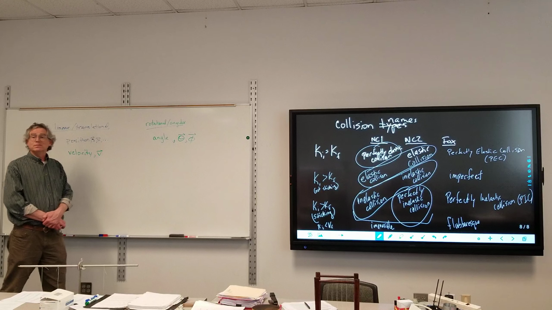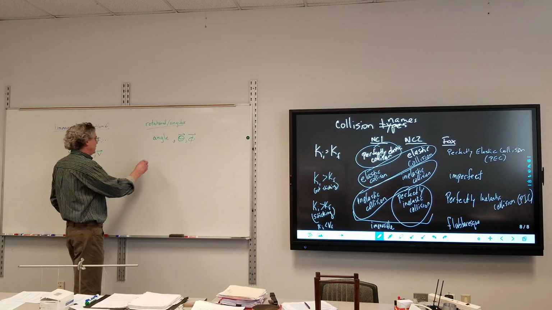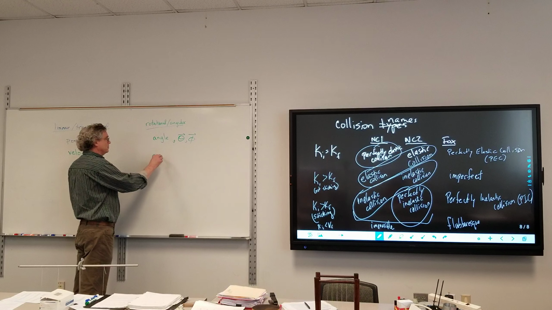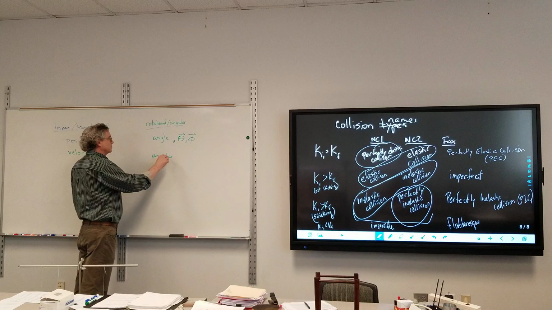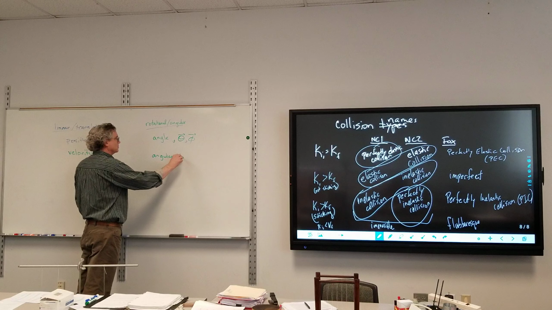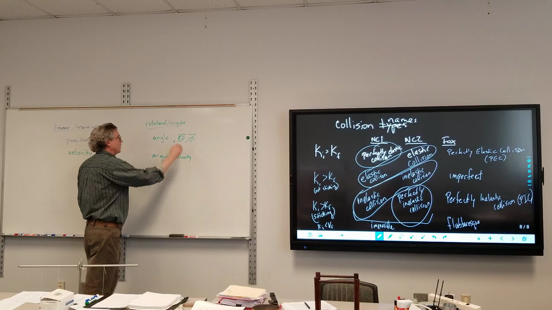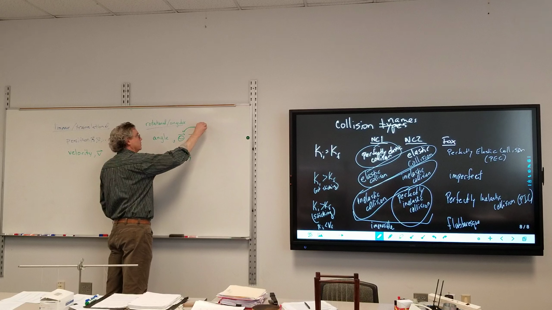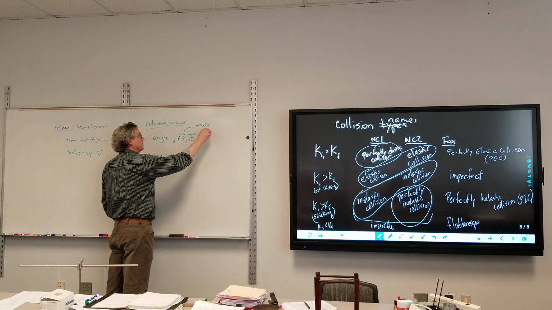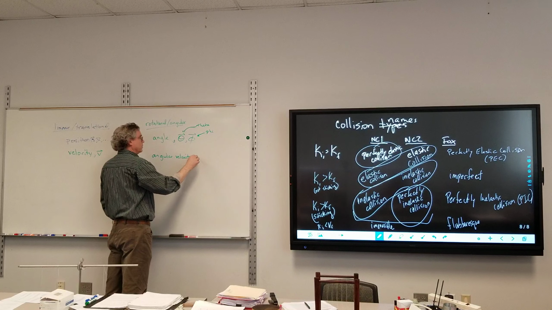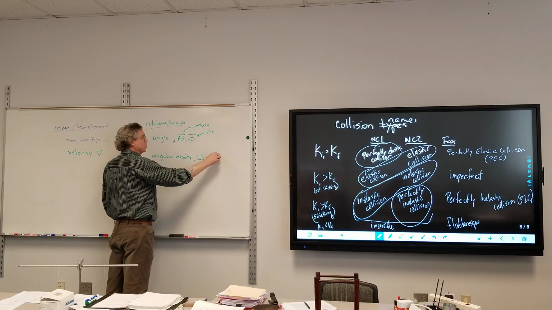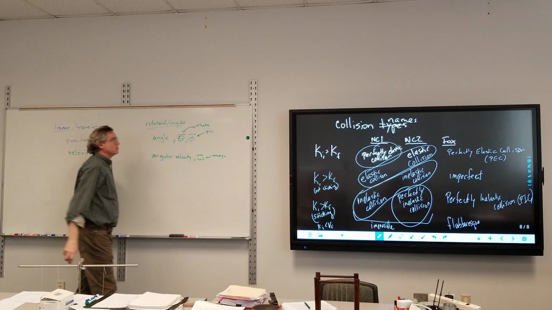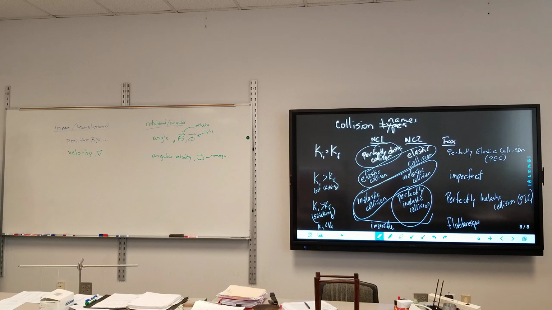Angular velocity. That's a theta. That's a phi. The symbol for angular velocity is an omega. It's a lowercase omega. It looks kind of like a W. It's not a W.